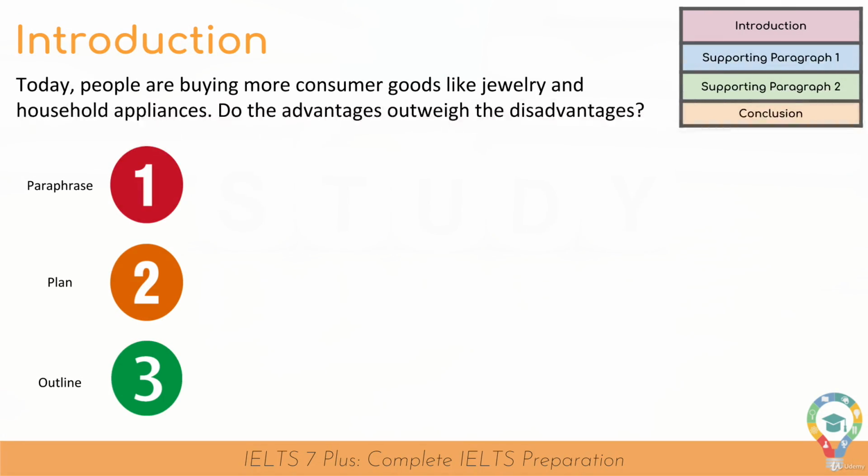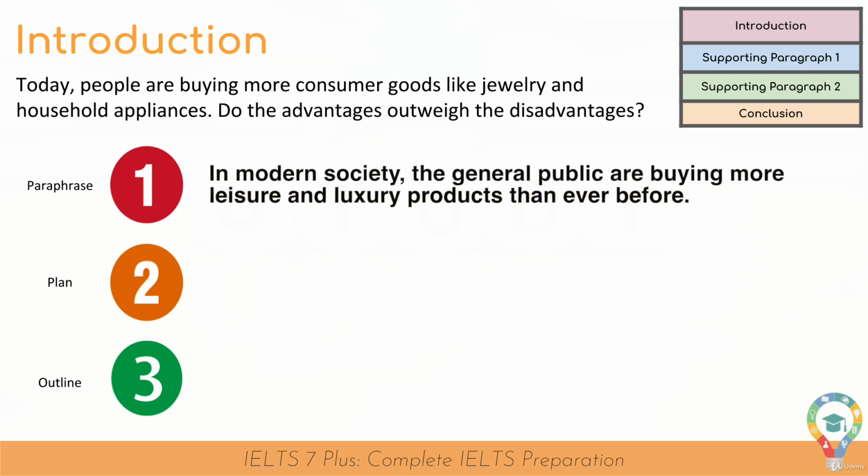So here we are at our 3-sentence introduction: paraphrase, plan, and outline. I'm going to go through each sentence to show you how I would create my introduction to answer this question. First up, paraphrase. In modern society, the general public are buying more leisure and luxury products than ever before.